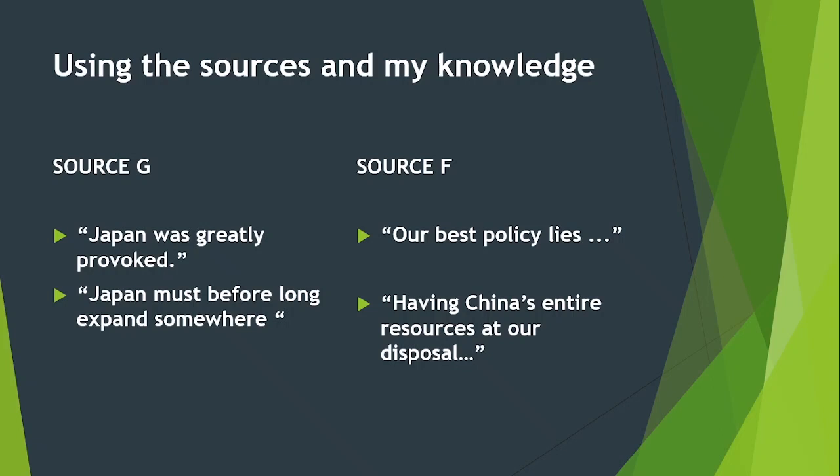But source F has nothing to say about blocking communist aggression. So, a surface reading of what the two sources say might lead us to think source F offers some proof that source G is wrong on one account and right on another, but has nothing to say on the third point it makes.